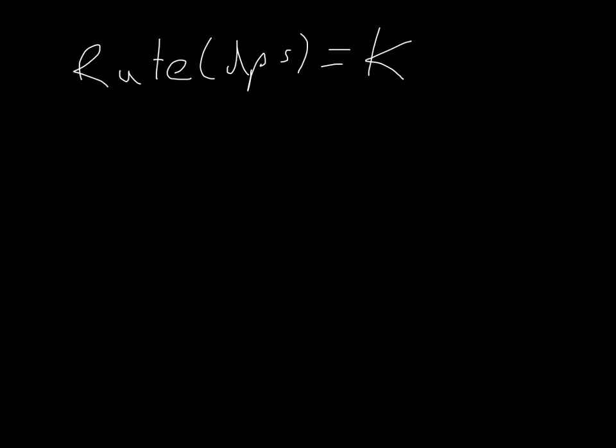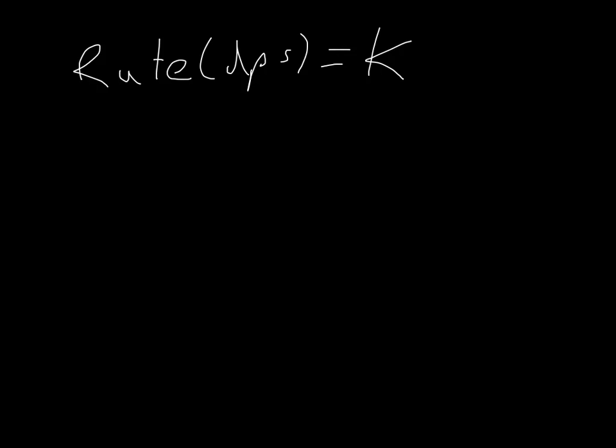So, first equation they give you is the rate in disintegrations per second is equal to an unknown constant that's unique for every element, and it's different at different temperatures, so it's kind of a weird thing.